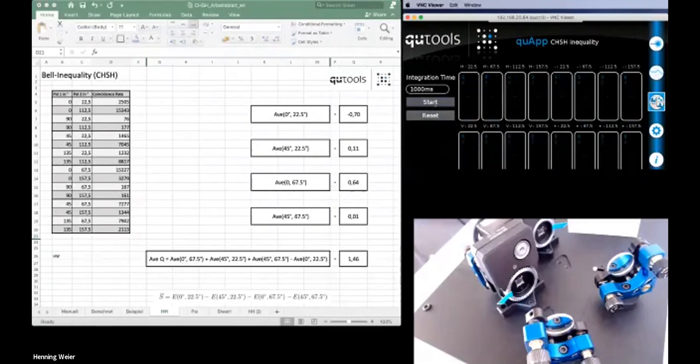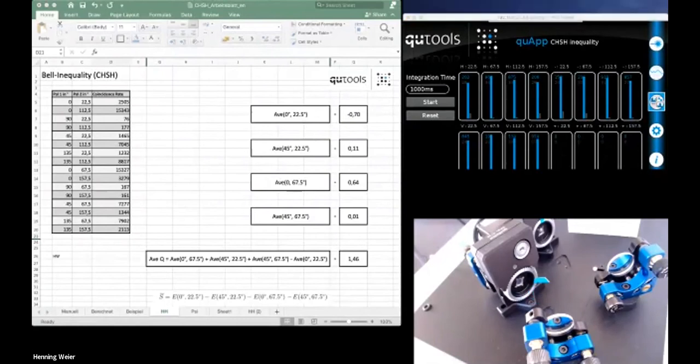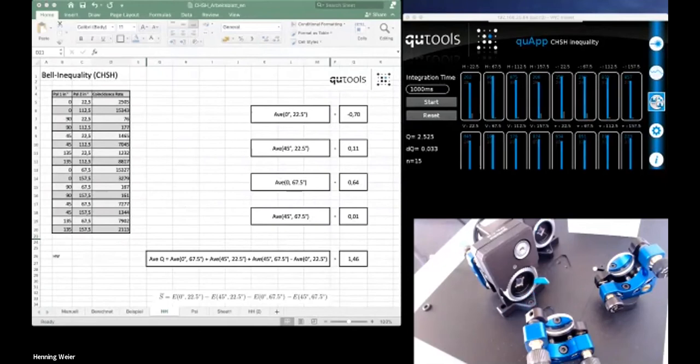And if I simply do this again, you will see something a little bit different, of course, because these experiments will not always show exactly the same number, and we will get into that a little bit more. Right, so this is what we see now.